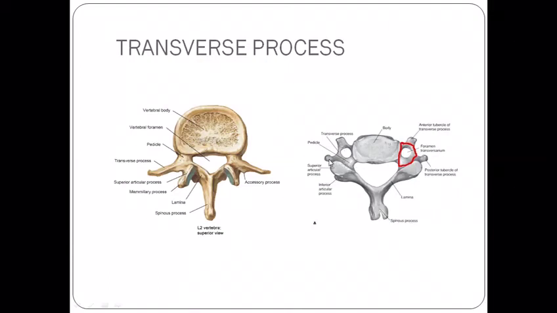The posterior root ends at another projection known as the posterior tubercle. These two parts are connected by a costotransverse bar. The anterior root, anterior tubercle, costotransverse bar, and posterior tubercle are the parts of the costal element. And the posterior root alone is the part of the true transverse element.